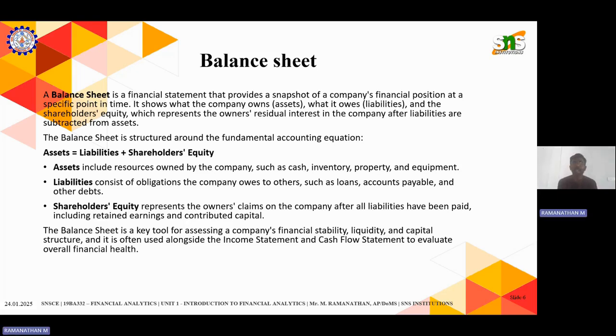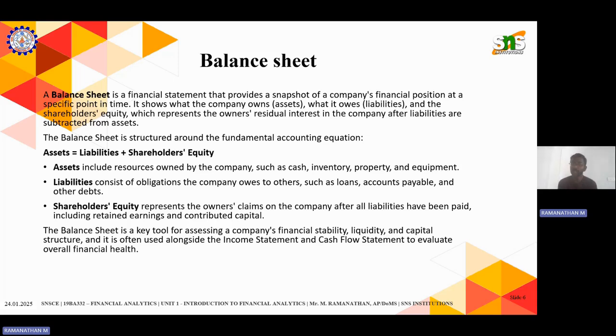Yes, a balance sheet is a financial statement that provides a snapshot of a company's financial position at a specific point in time. Over a period of time, how that particular company performed and what the position of the company is now. Because certain companies, when they start, get a lot of loans, and the debt amount will be high.